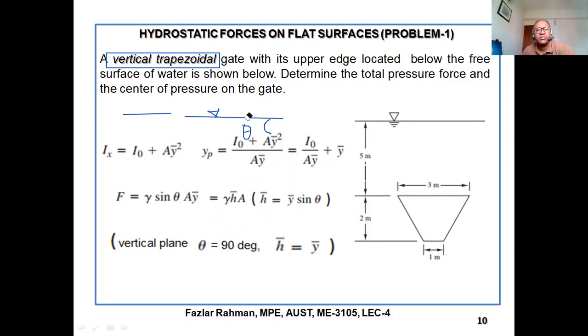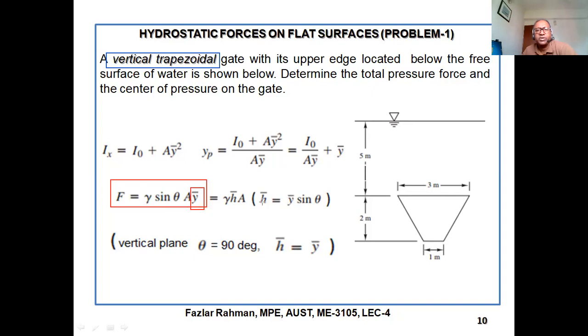Now, what is our formula? We need to use two formulas. One is force, the other one is location of center of pressure. So the force formula is this one. In that case, gamma we know is 1000 kg per meter cube into 9.81, or gamma equals rho g. Theta is 90 degrees and sine 90 equals 1. So which value do we need now? We need the y bar or h bar.